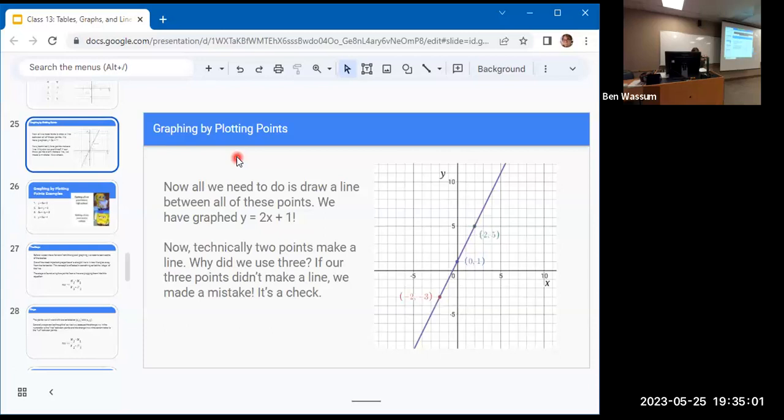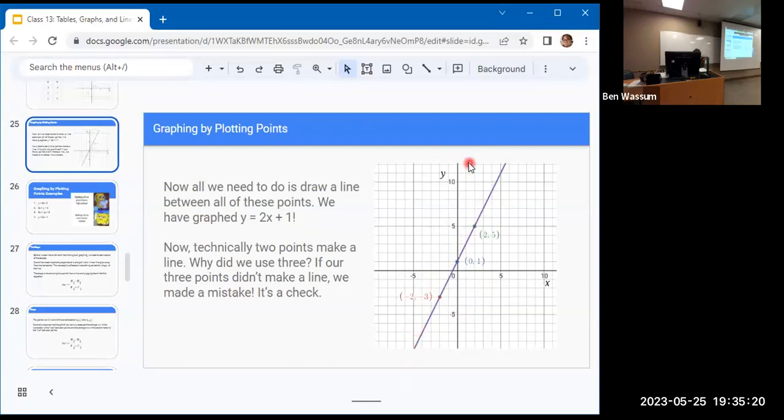Now that covers all the little fractional points along that line that we wouldn't normally graph. But since it covers everything, it goes on forever in this direction and forever in that direction.